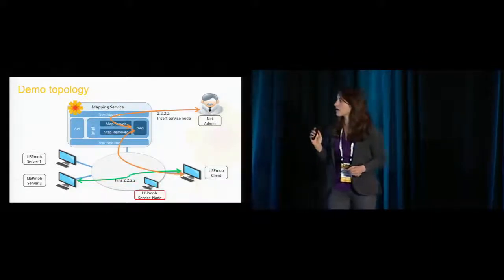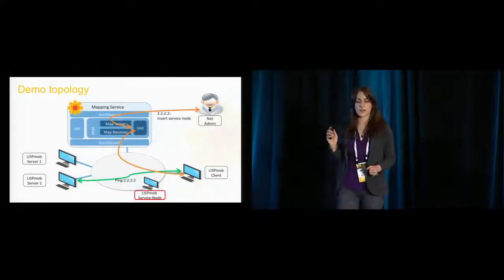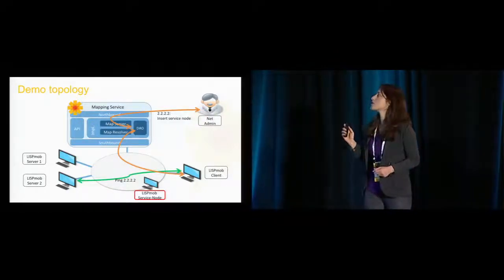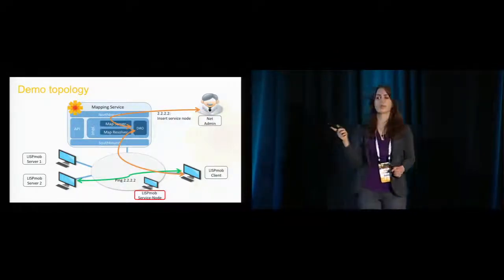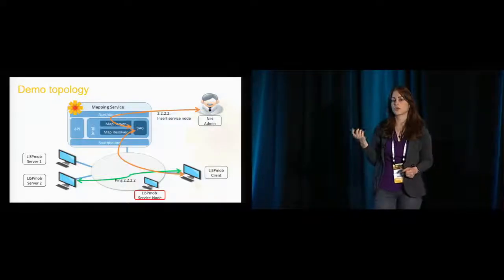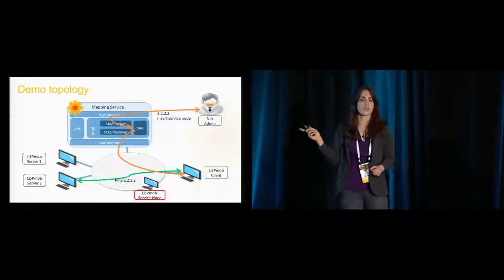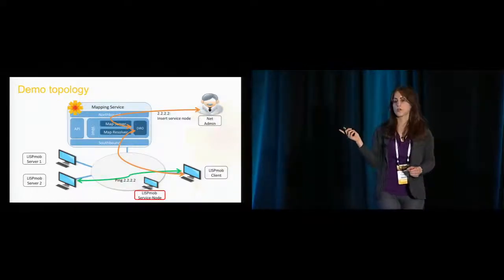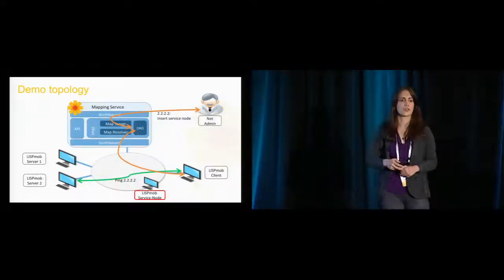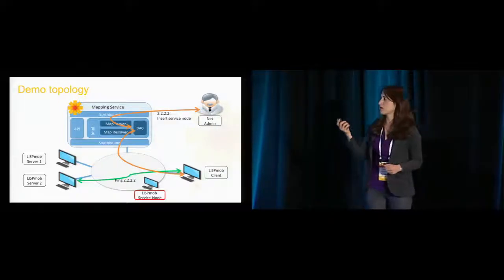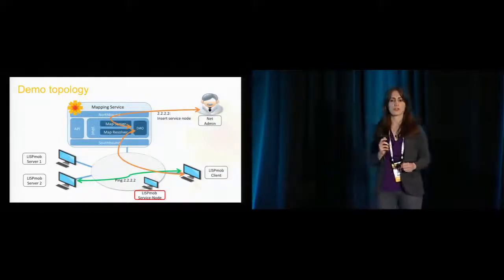Then I'm going to attempt a service chaining policy. So what I'm going to do is go to the northbound API and this time insert a service and say, to reach the 2.2.2.2, I want you to go first as a first hop to the service node, which is another LISP mob service node, and then I want you to go to the server.